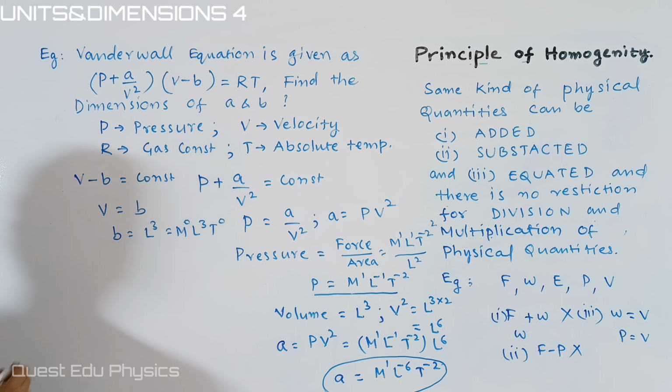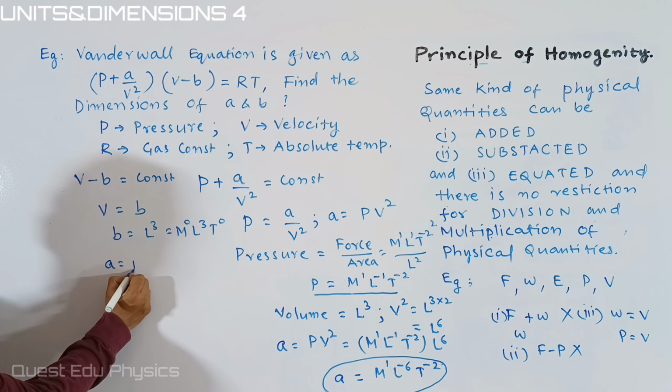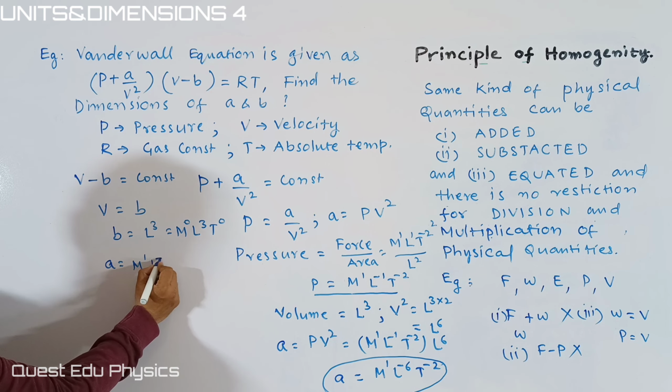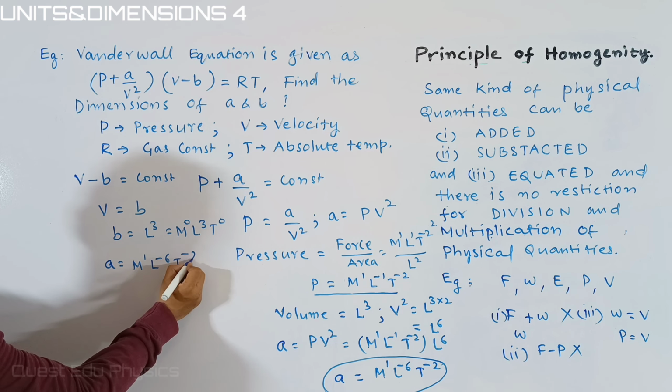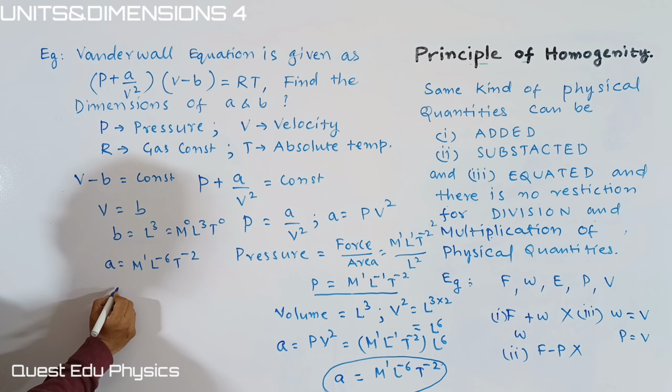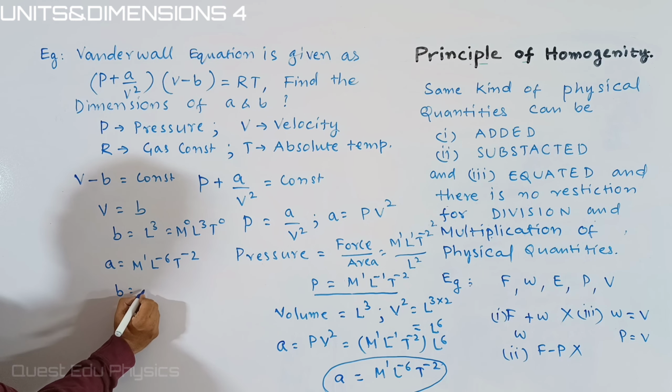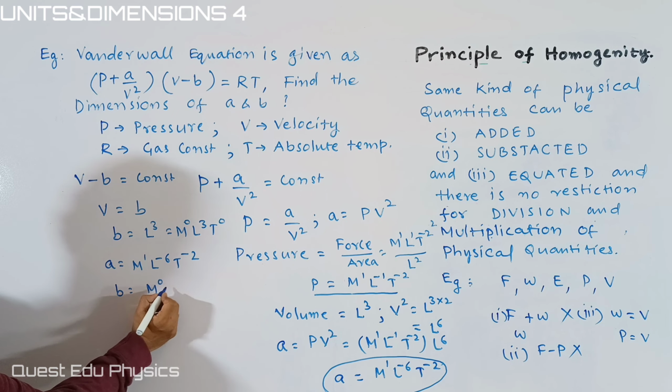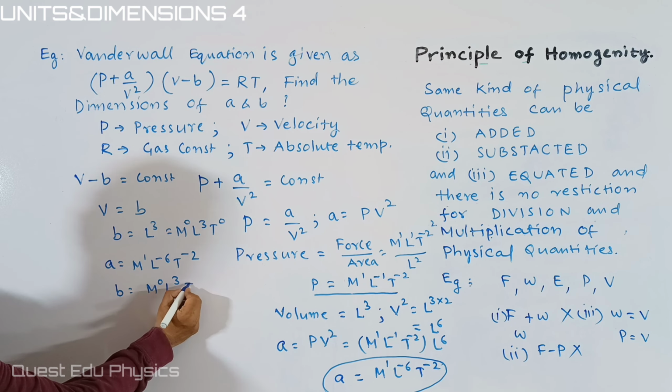In this way, we got A as M1 L to the power of minus 6 T to the power of minus 2 and B is equal to M0 L cube T0.